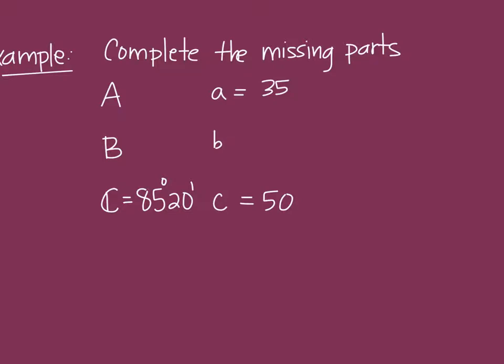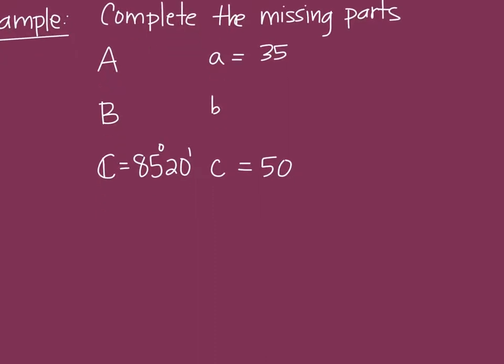Now I can't use the law of 180 because I only know one angle right now. I can't use the law of 180 unless I knew at least 2 angles. So I'm going to have to start with a pair. And it's always best to start with the pair that you know both parts of. So which pair do I have both parts of? C. Start with that.